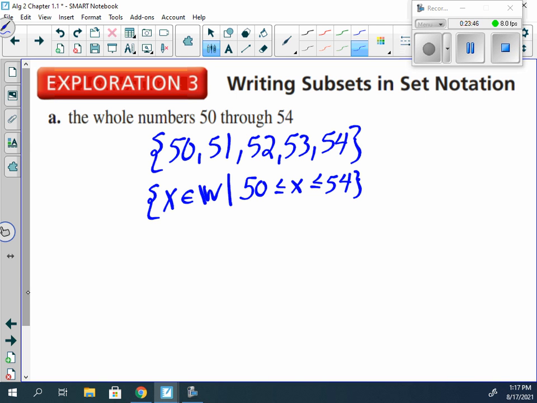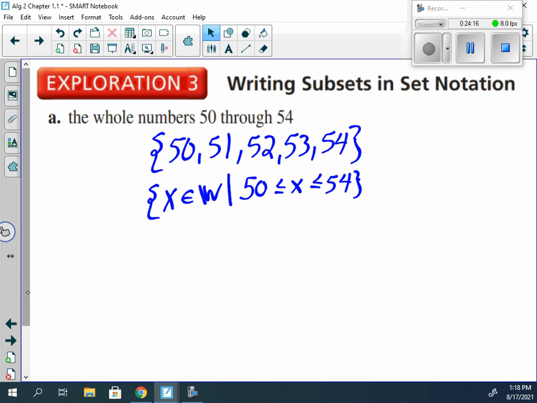I'd almost prefer just to write the 5 numbers out and be done, because it gives us the exact same thing. So if we're able to really just write them out, it's 5 numbers, 6 numbers, something easy to do, let's just write the numbers. That is the set. It is in set notation. We use set builder notation if it's something more than that, something that's hard to write down, or we're not able to write it all down because I don't want to do it.